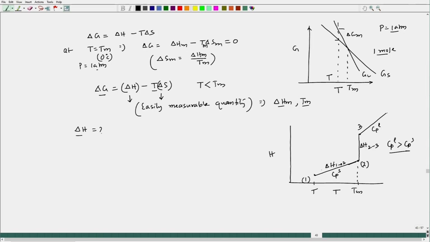Now, I have to find out the free energy difference below melting. So, what I can do, I can extend this particular slope, and then I can go to state 4 and then I drop down. So, I go this path. This is the path I will be following. So, this is delta H 3 to 4 and this is delta H 4 to 1.